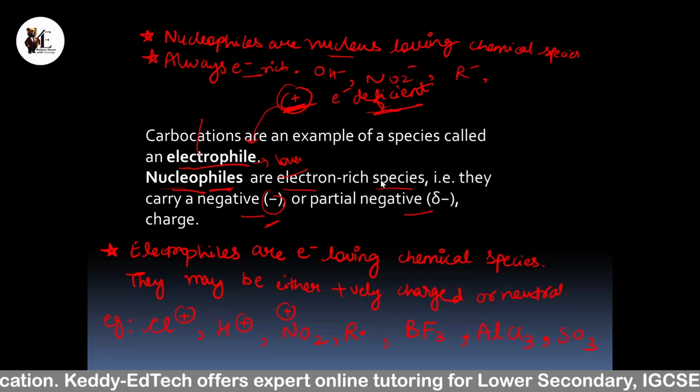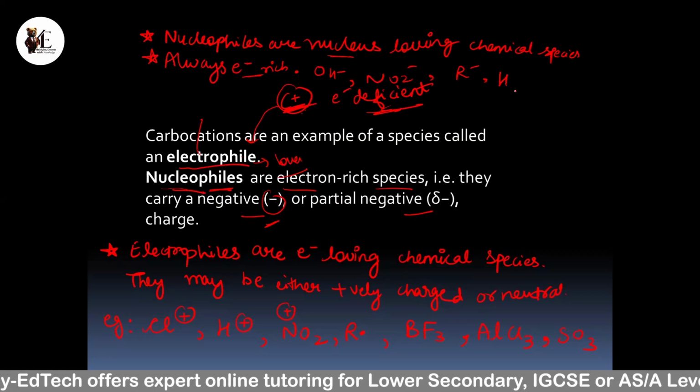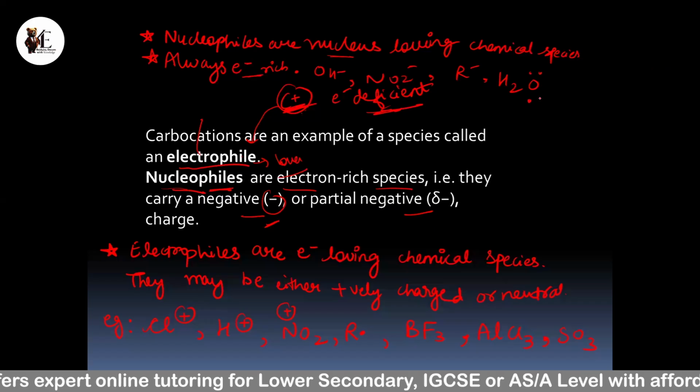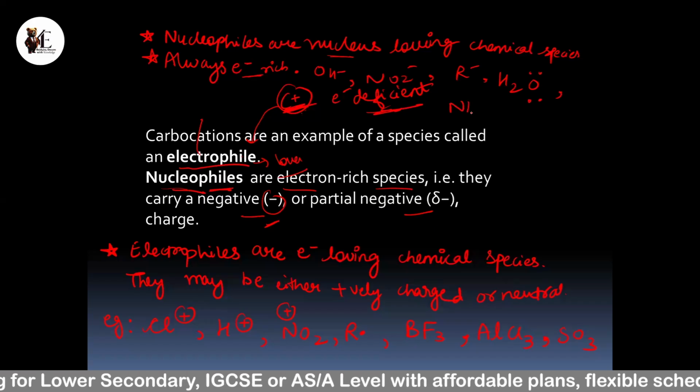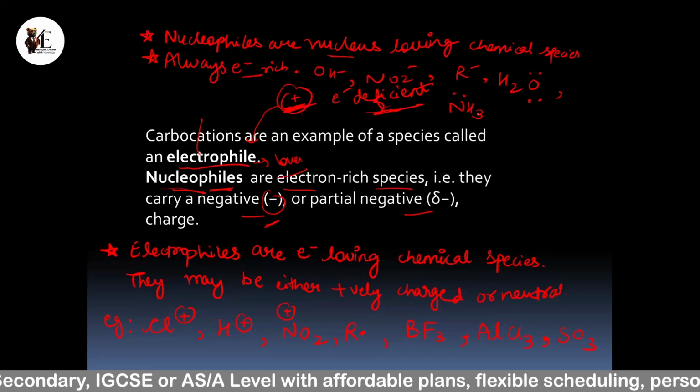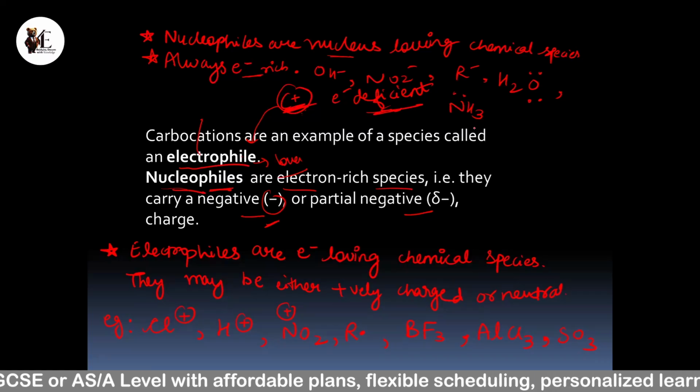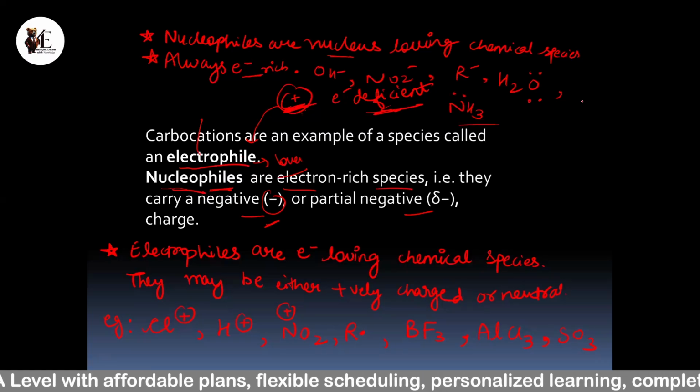But the neutral species which contain lone pair of electrons, like H2O, NH3. So these are your examples of nucleophiles.